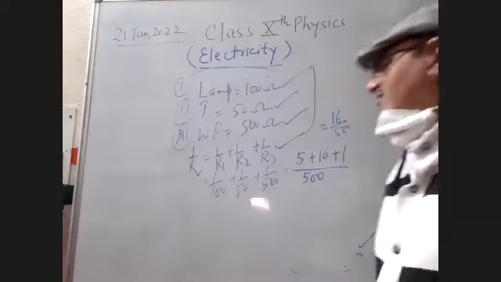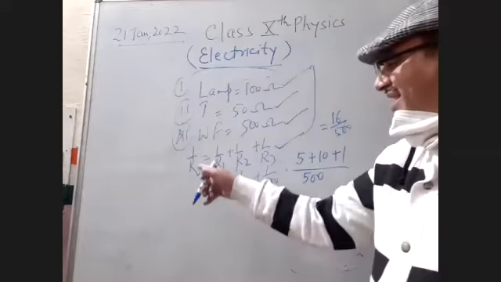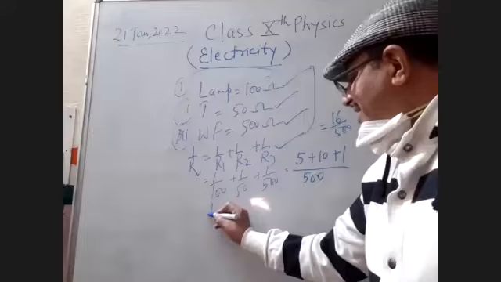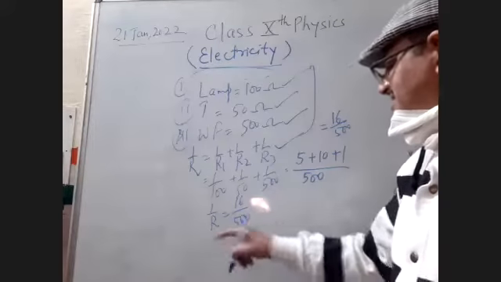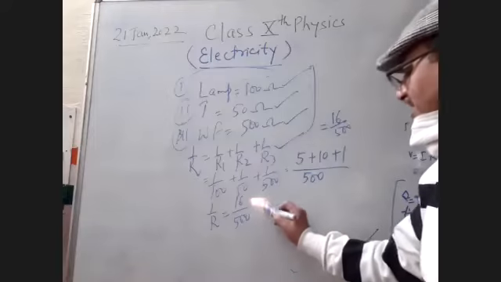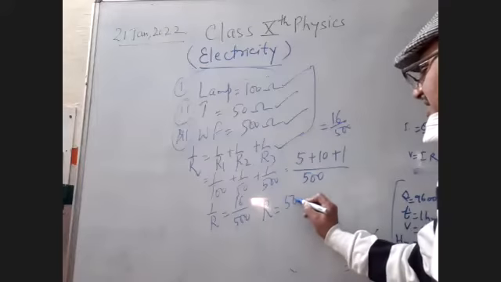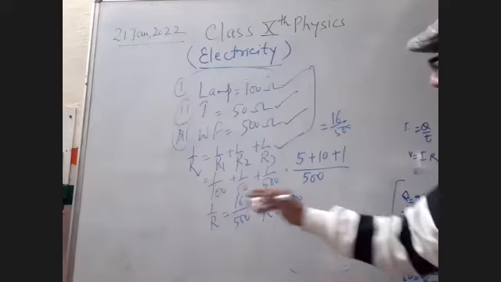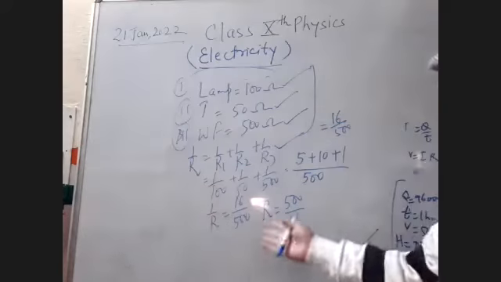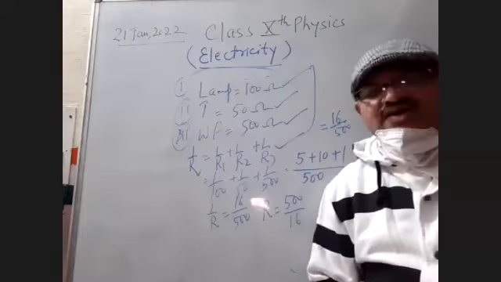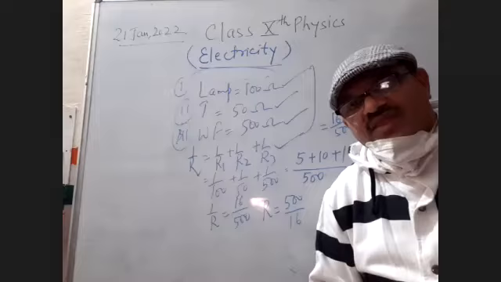So now what we have obtained is 1 by R is equal to 16 divided by 500. If I rewrite it, R is equal to 500 divided by 16, because 1 by R becomes R, and on the right hand side it becomes 500 divided by 16.